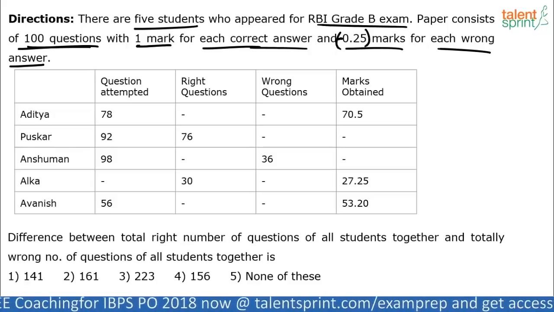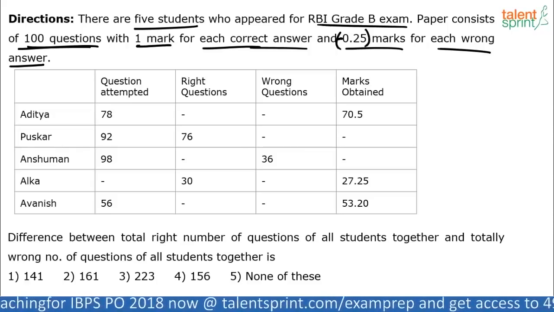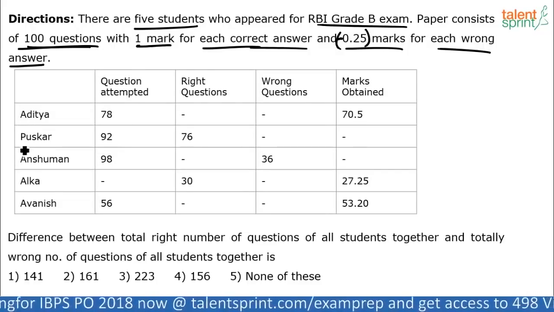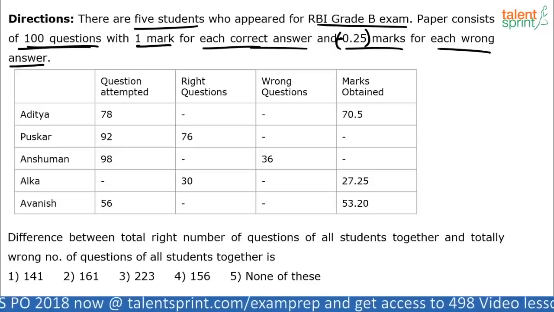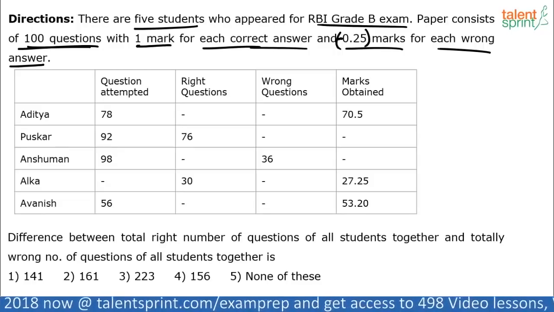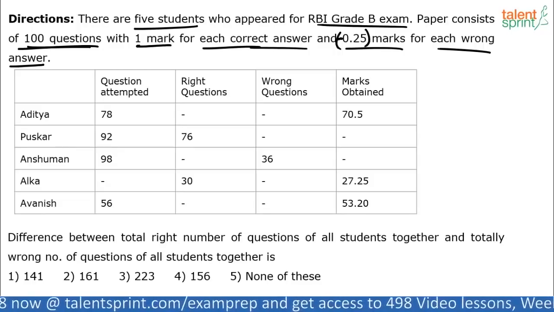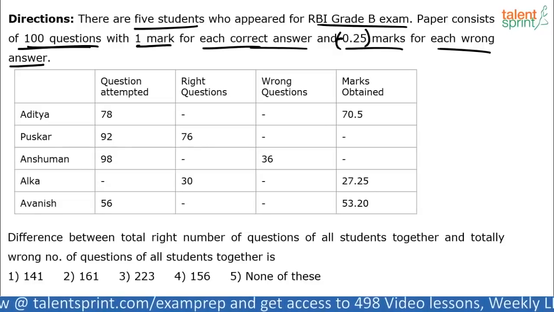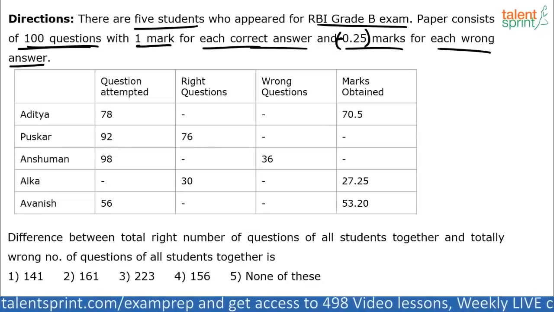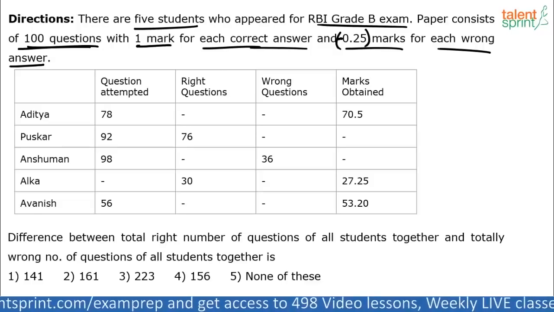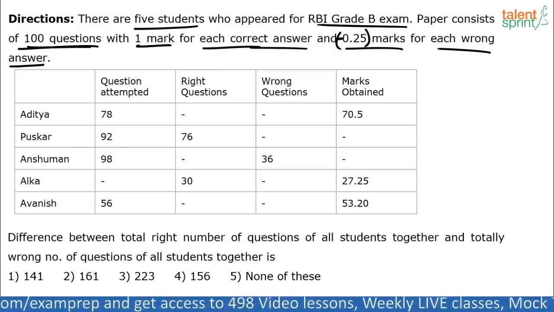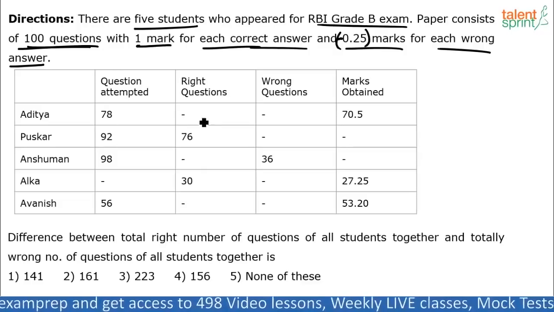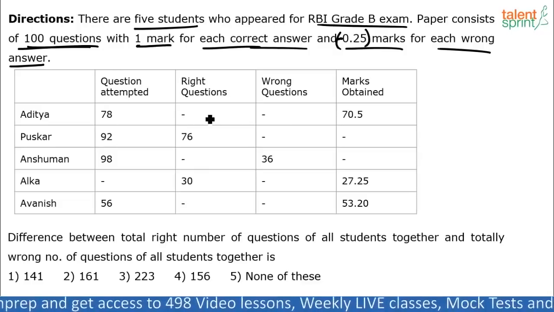So look at the table now. We have these 5 names here: Aditya, Pushkar, Anshuman, Alka, and Avanish. The data given here is about the number of questions attempted, the right questions, wrong questions, and marks obtained. And you can see a lot of values are missing here. At least 2 values for each person are missing. In Aditya's case, the number of questions attempted is given to us, but the right questions and wrong questions have not been given.